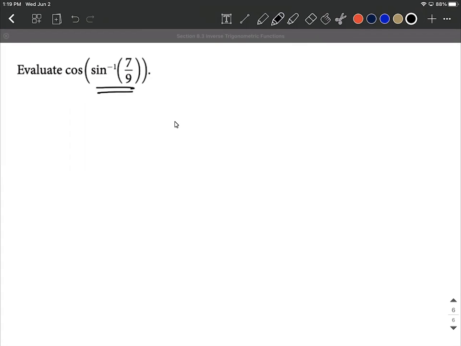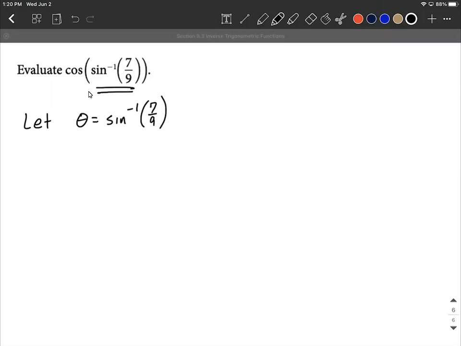Whenever that inverse function is on the inside, I always like to start with a let statement. I'm going to define theta, some angle, to equal whatever's on the inside. So theta is going to be sine inverse of 7/9.